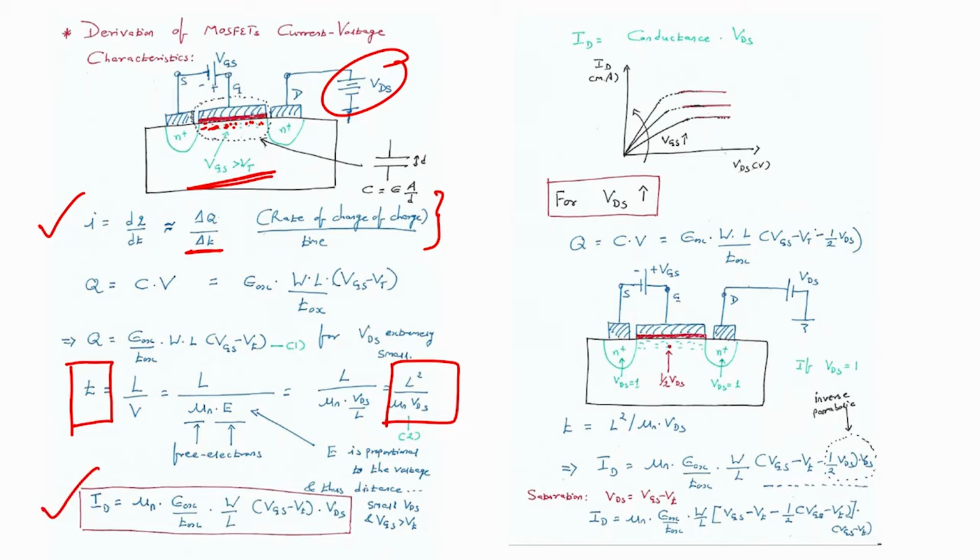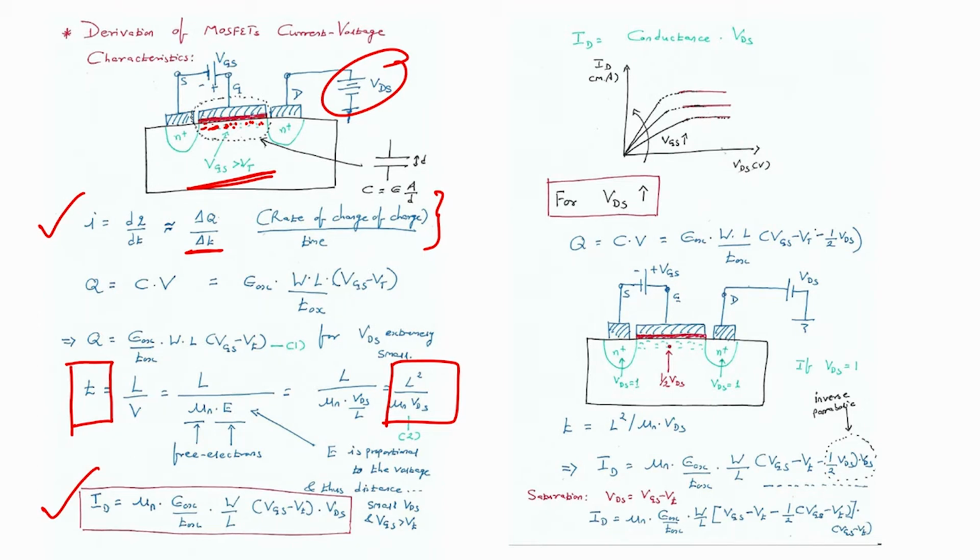I will get this equation because now I know what is the value of T. So, if I substitute this value, then I will get this particular equation, that is my ID, because I know T, I know Q. So, I can find ID, and from ID I know what is the relation between my drain current and my voltage across drain and source, right.